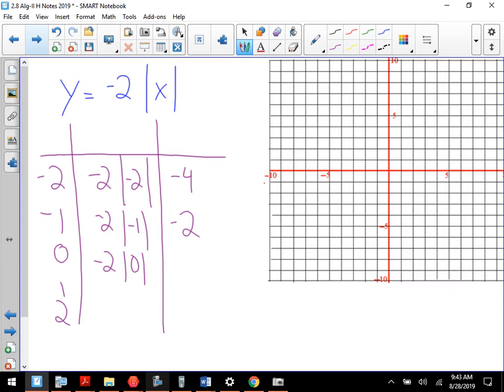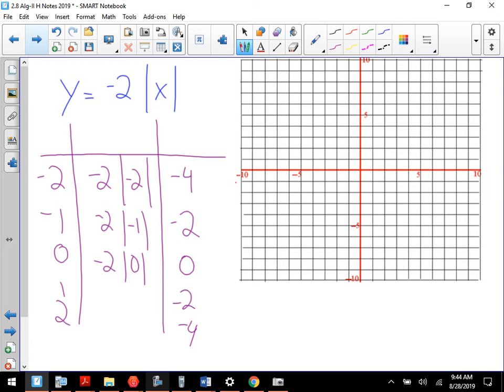No. 0, it has no value. Good, and great. What's the absolute value of 1? What's 1 times negative 2? And then, obviously, right?